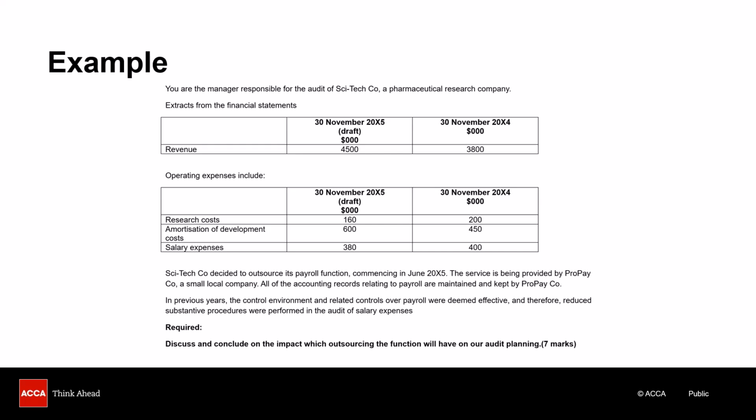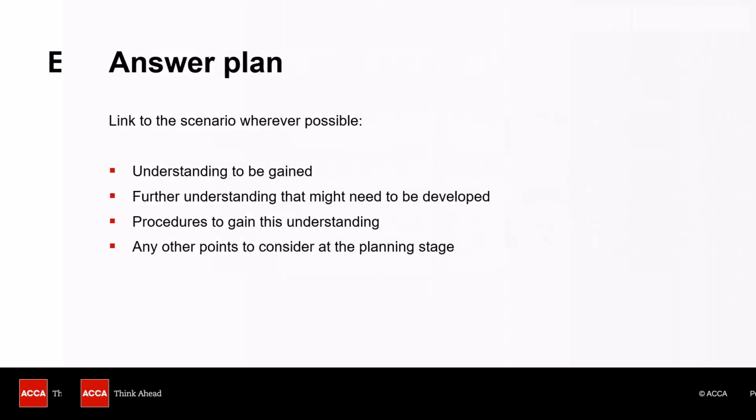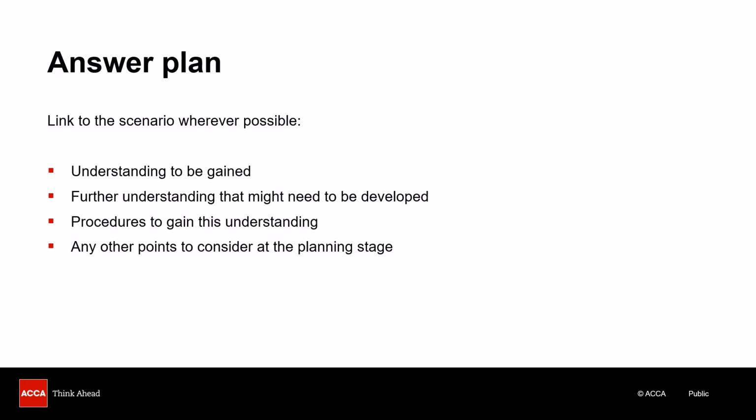You have to discuss and conclude on the impact which outsourcing would have on our audit planning. This is a typical requirement for your outsourced organization questions, so we're going to link the following areas wherever possible to the scenario. This is the answer sequence for all questions where we're going to be using the work of the service organization.